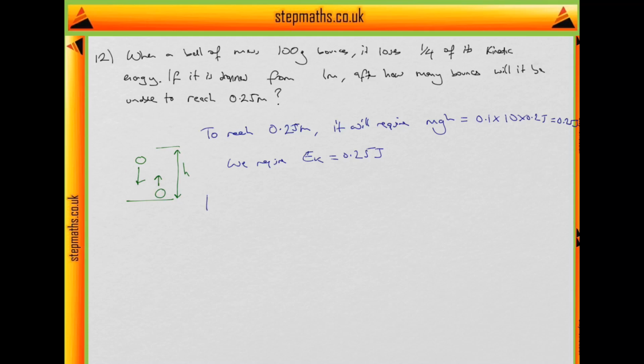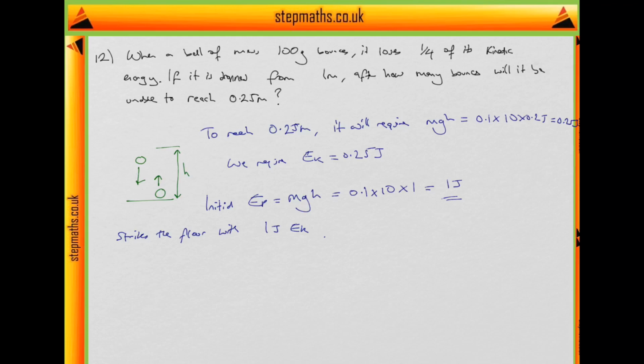Okay, so initial potential energy is equal to mgh, which is the mass times g, and it's dropped from 1 meter. So that's 1 joule. So it starts with 1 joule of energy. So that means it strikes the floor with exactly 1 joule of kinetic energy.